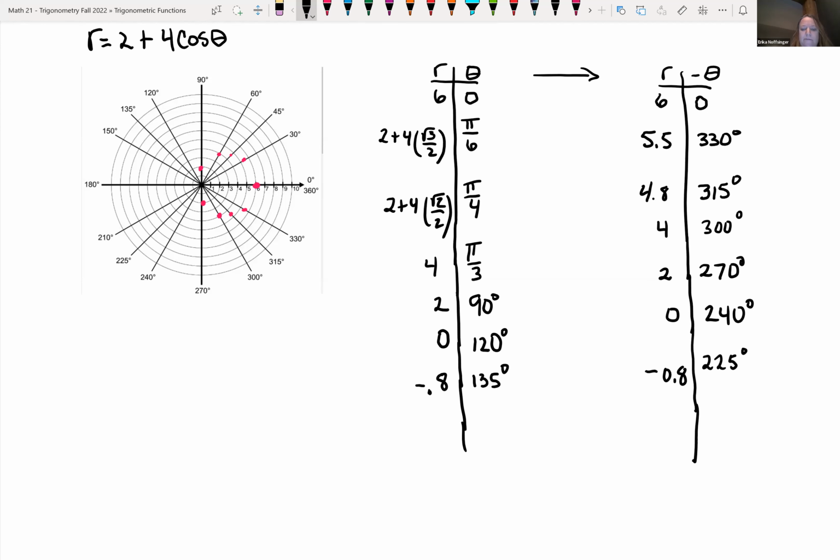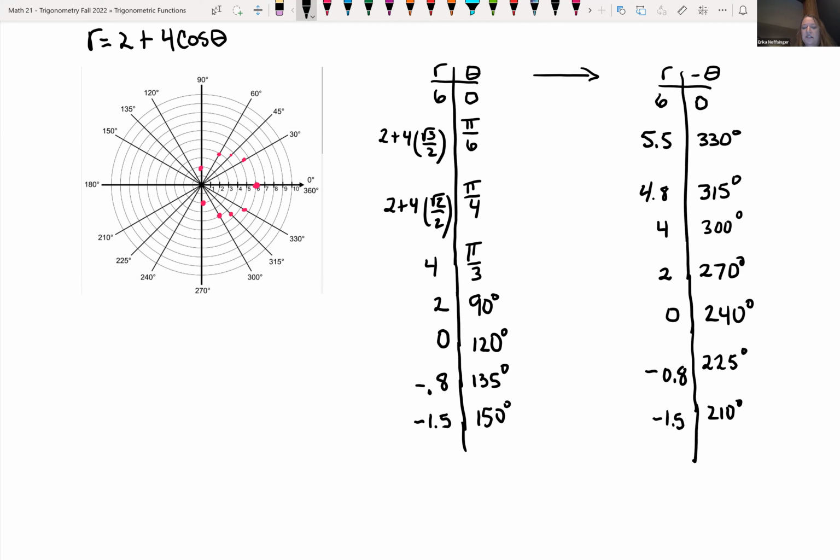And so at 150 degrees, for cosine of 150 degrees, that's negative root 3 over 2 times 4. So I have 2 minus 2 root 3, which gives us approximately negative 1.5. So a reflection of 150 degrees would get me to 210 degrees, which is also negative 1.5.